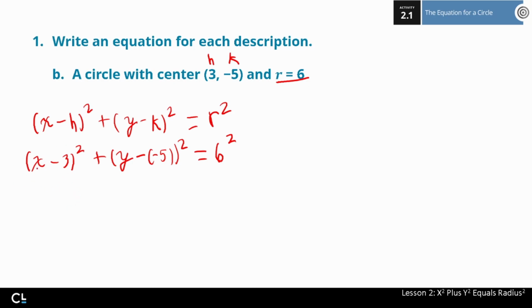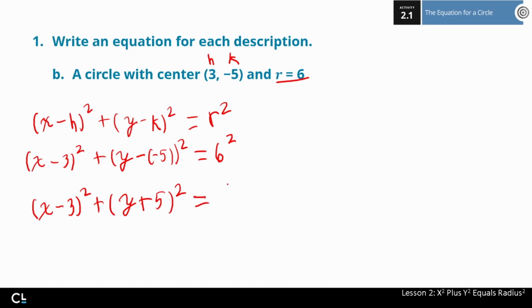When we have something like this, (x minus 3) squared, we can't do anything to simplify this, right? We're going to leave it just like that. So we write it as (x minus 3) squared plus. But this is where we can simplify, because when we have a minus and a negative number, we could simplify that and make it (y plus 5) squared. And there we go. That's the simplest form we're going to have on the left side of this equation.